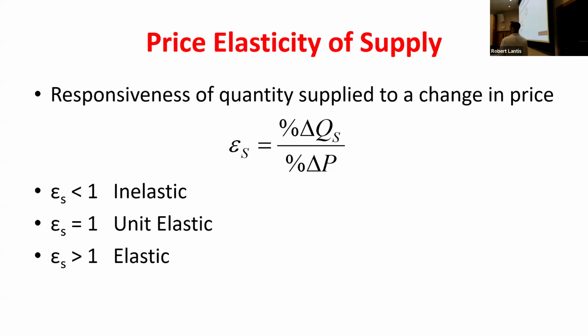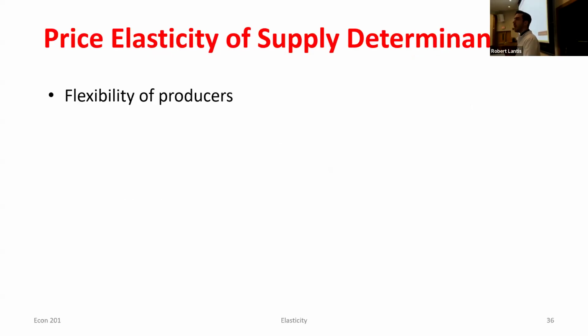Using the exact same midpoint method. If I want the percentage change in the quantity supplied, I would look at the change between the quantity supplied at the two different points and divide that by the average of those two. It's really nothing different, right? We're just getting these values from the supply curve for the producers as opposed to the demand curve for consumers. Okay?